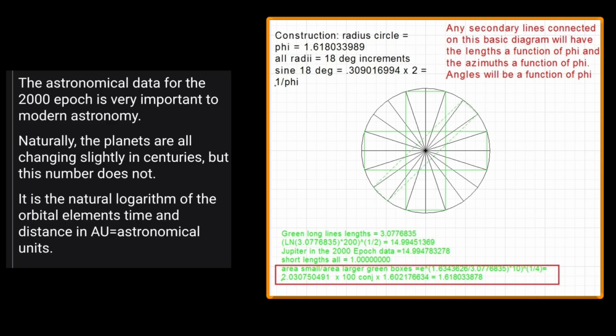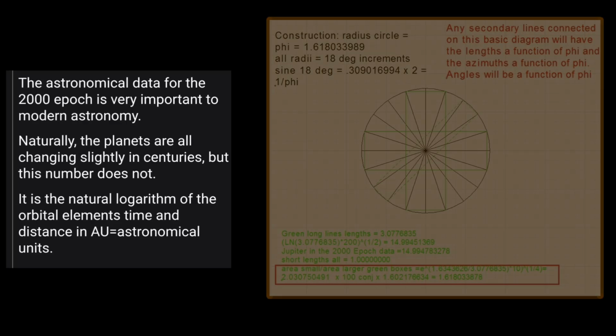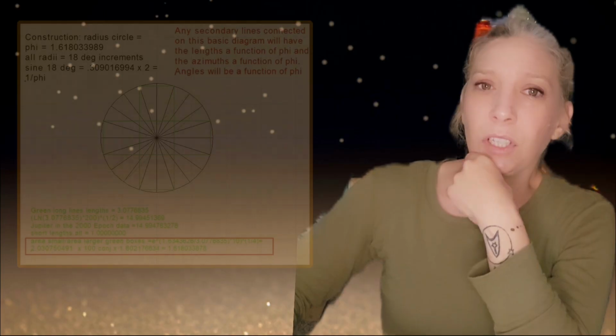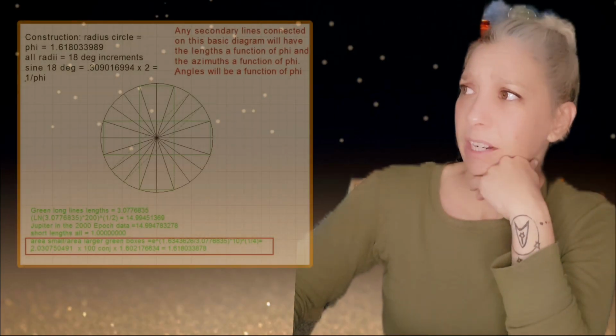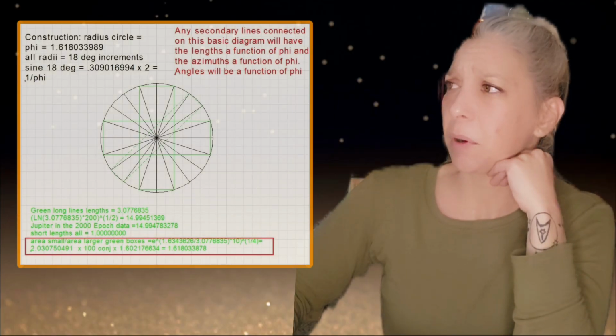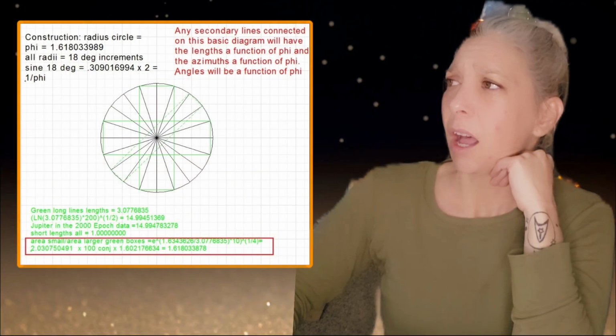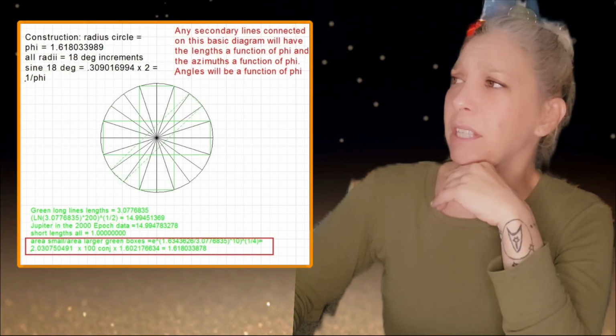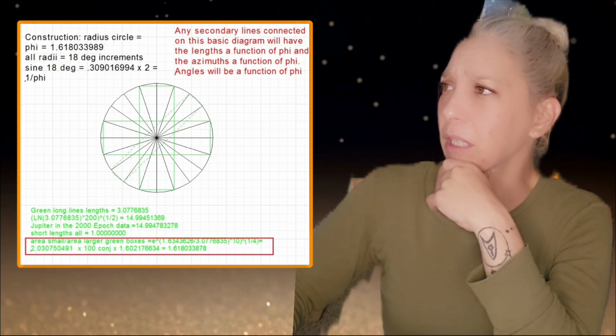The astronomical data for the 2000 epoch is very important to modern astronomy. Naturally, the planets are all changing slightly in centuries, but this number does not. It is the natural logarithm of the orbital elements of time and distance in astronomical units. So when he was doing this chart here, what he found was that the long lengths, the green lines, equal 3.07763835, right?